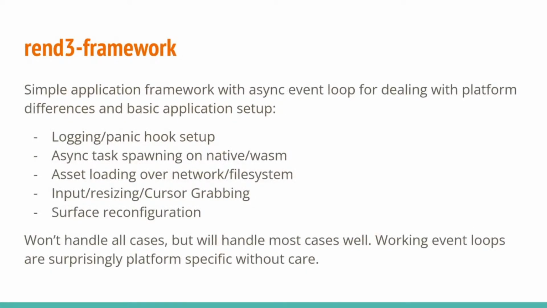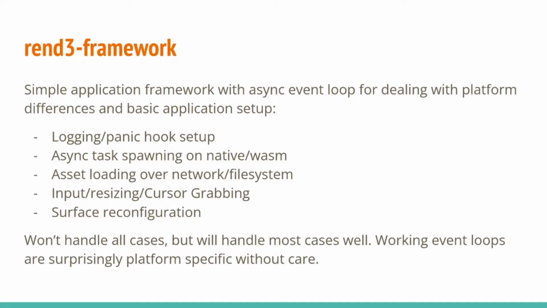So the other big thing is the framework, and I'm not trying to be something like GGEZ or one of those big frameworks that does a lot of things for you. I want to deal with the rendering related stuff that no one really wants to deal with because it's annoying and it's very finicky.